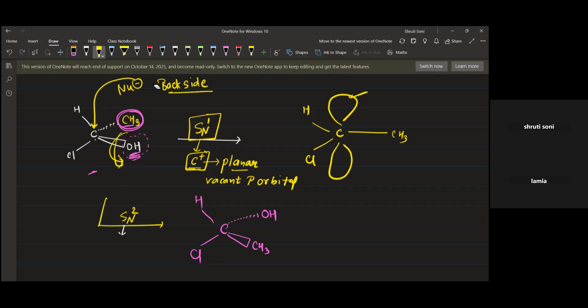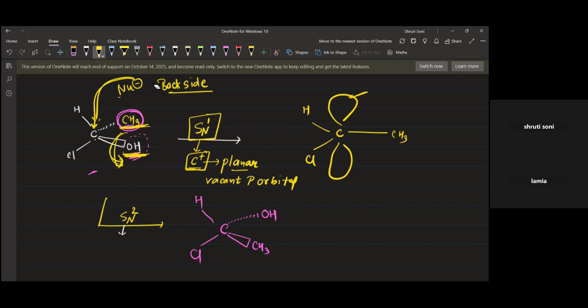And when it attacks completely from the backside, then this OH will be removed and the place towards OH will remain empty. Okay, and the CH3 will come to the OH position and the nucleophile comes to the CH3 position, because it attacks from the backside, it needs a backside position only.